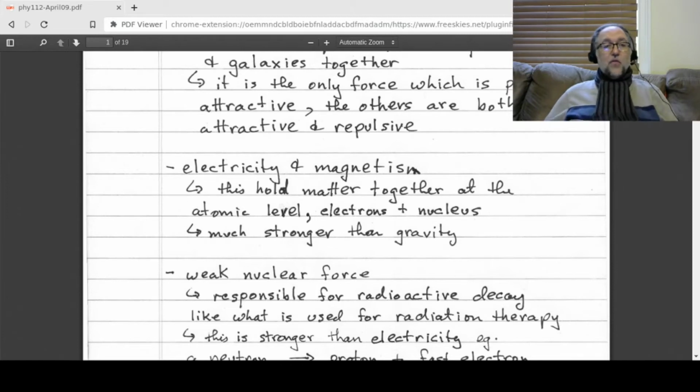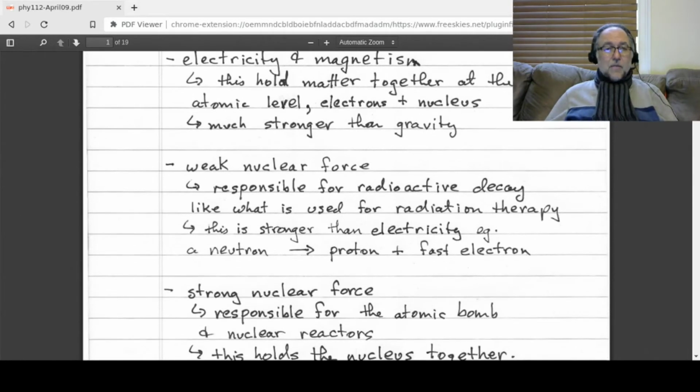Okay, there are two other forces which I'll mention just for completeness, because we might as well talk about all of them, but we won't study them in the course. The next stronger one is the weak nuclear force. Even though it's called the weak nuclear force, it's stronger than electricity, but it's not as strong as the strong nuclear force.